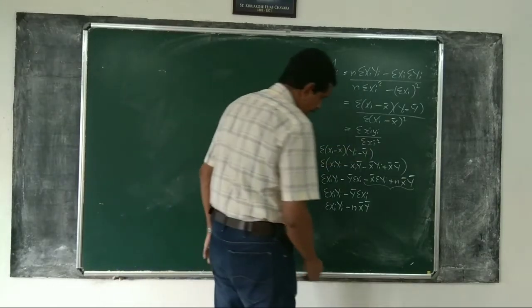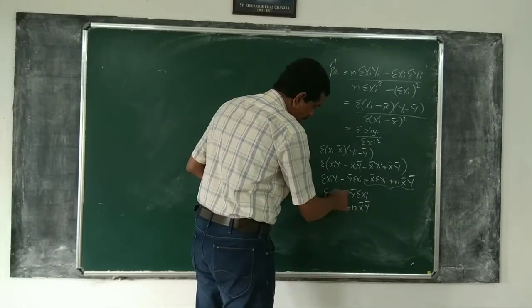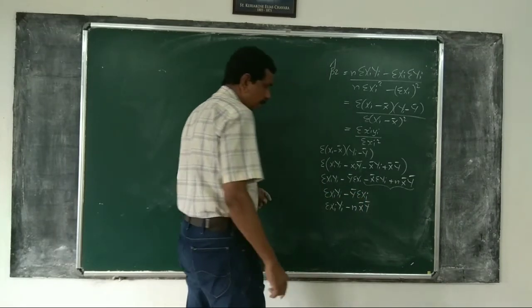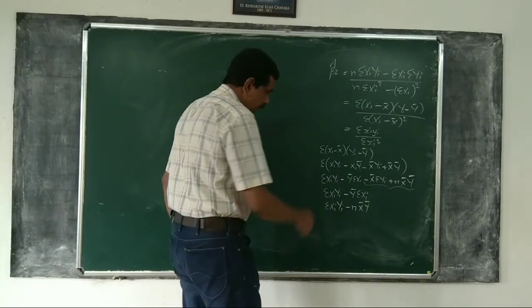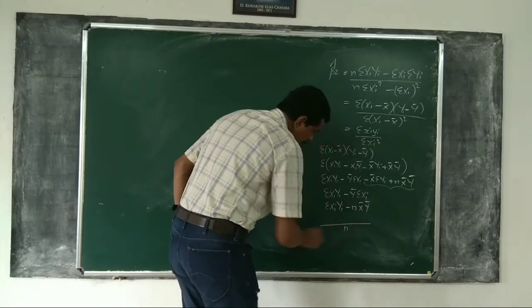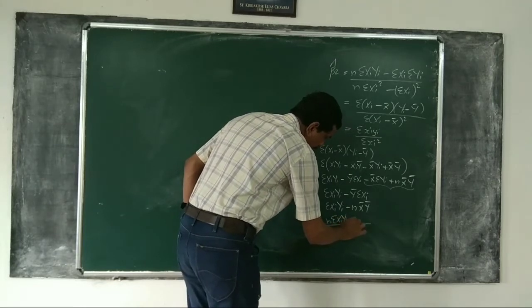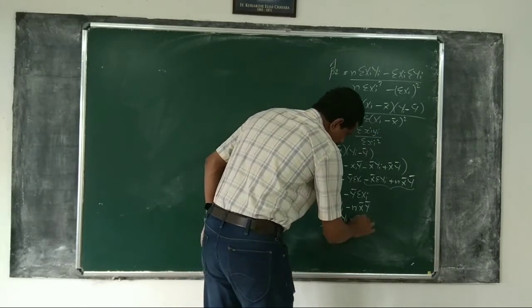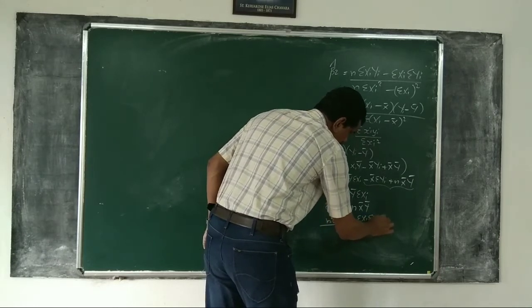The third expression is, now consider this equation sigma xi yi minus y bar into sigma xi. This y bar is sigma y by n. So taking this n as LCM, we have n into sigma xi yi minus sigma xi into sigma yi, all divided by n.